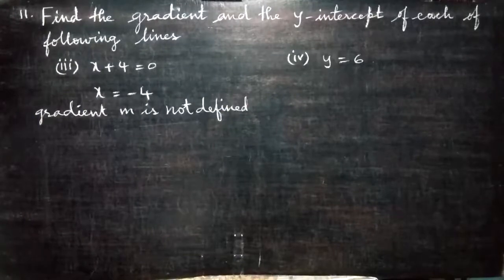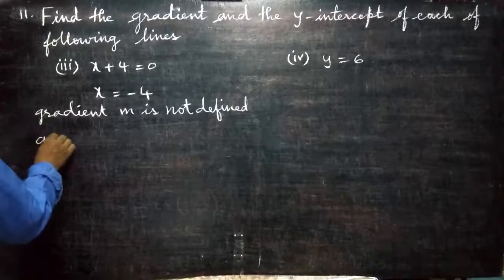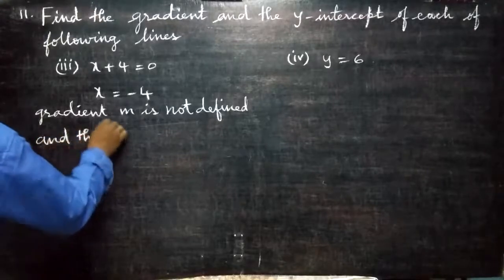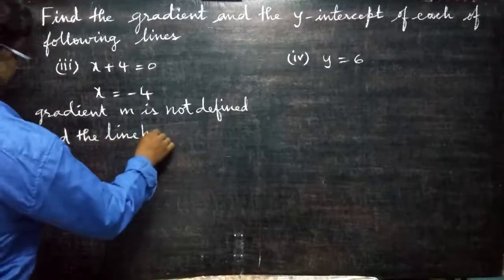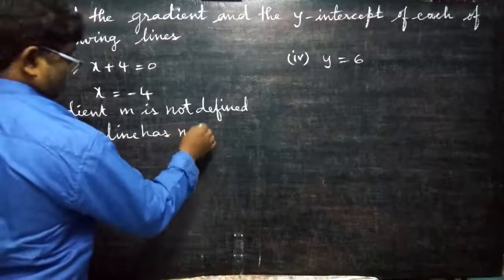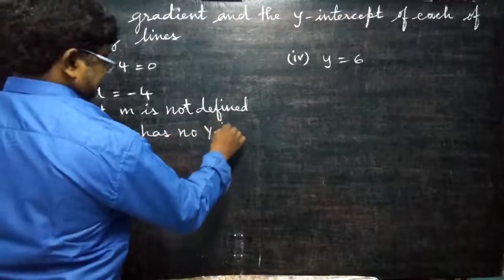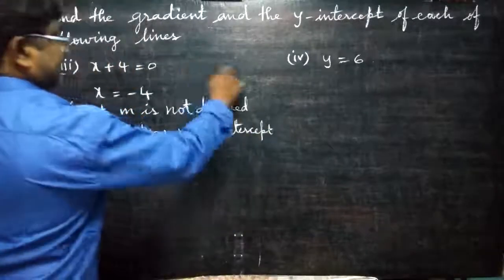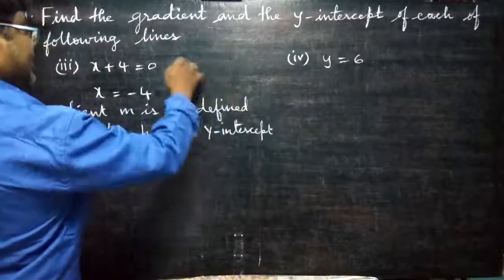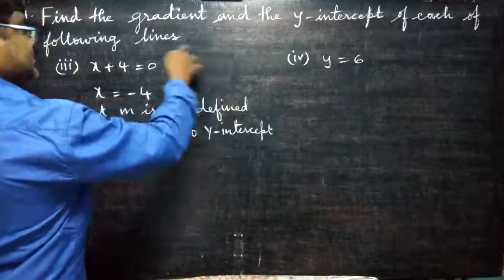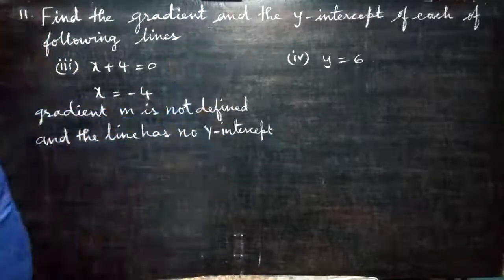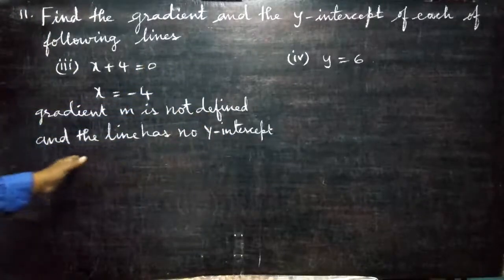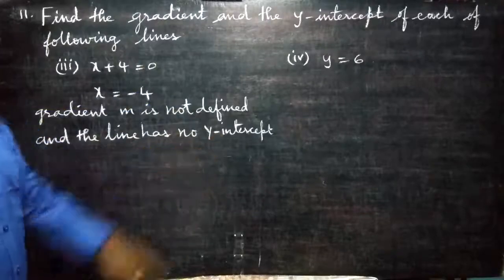Y has no intercept and the line has no y intercept. Why I told you? Parallel to y axis. So it is not at all intercepting on y axis, nowhere. So the line has no y intercept.